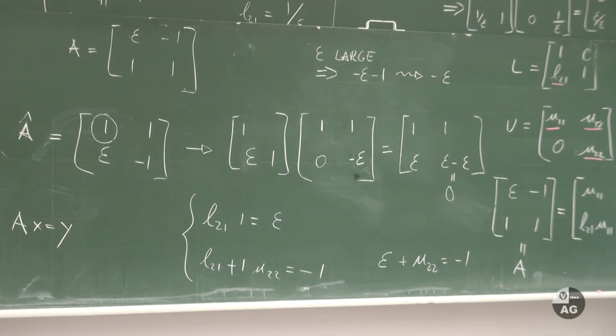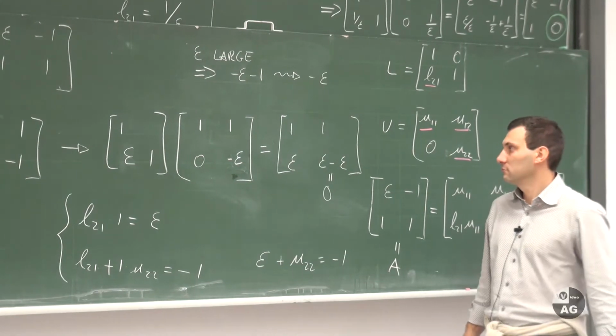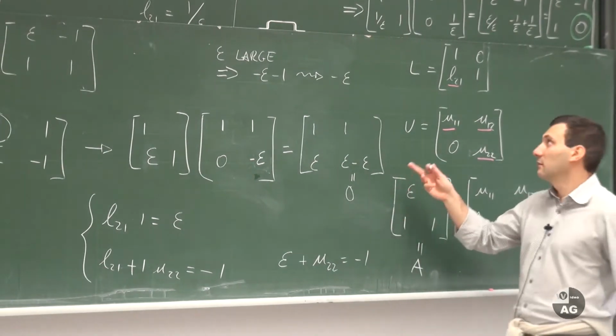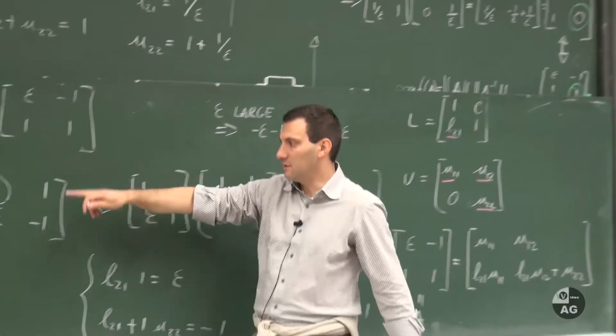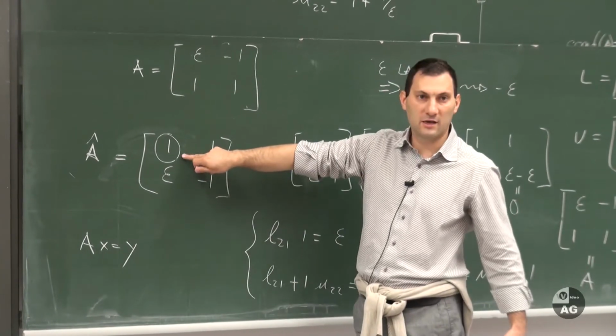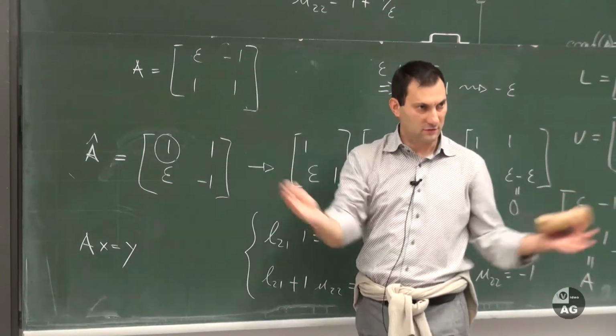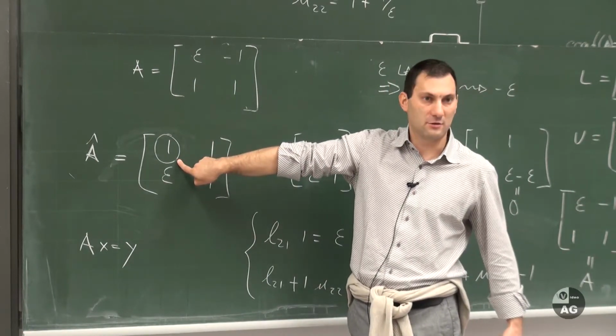The idea of the technique was to put the largest number on the diagonal. Yeah, absolutely. If this is the case, the technique would be stupid. Why did we put the 1 here? As I said, we want to make these numbers shrink, so we want the largest number to be on the diagonal.